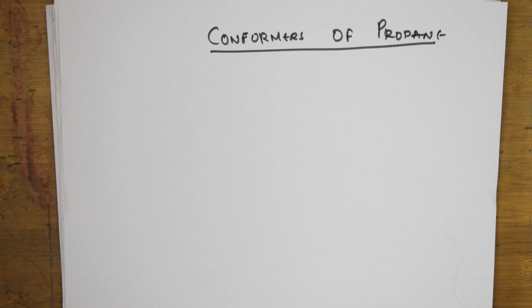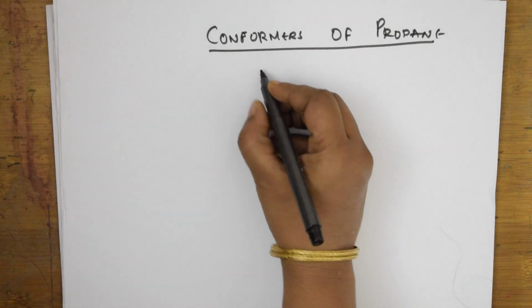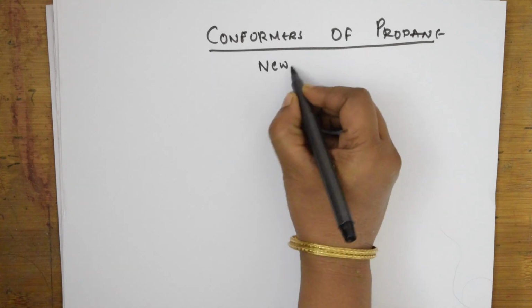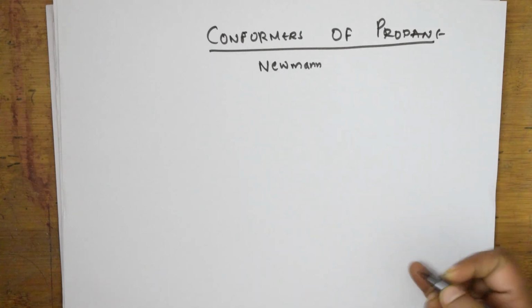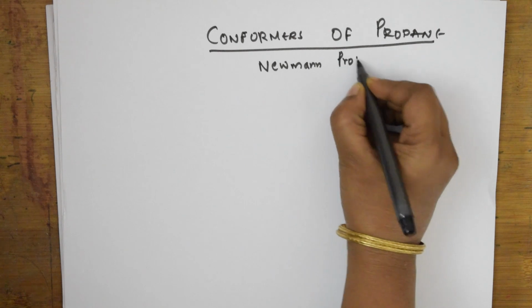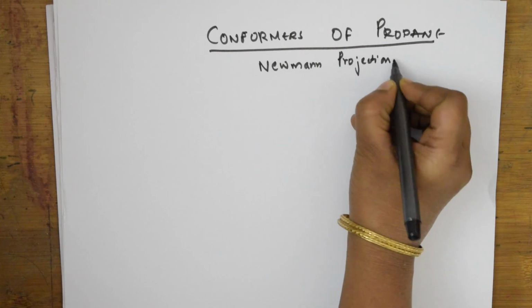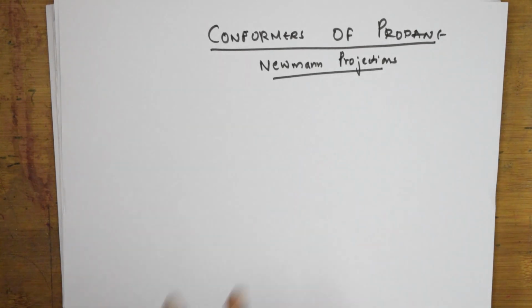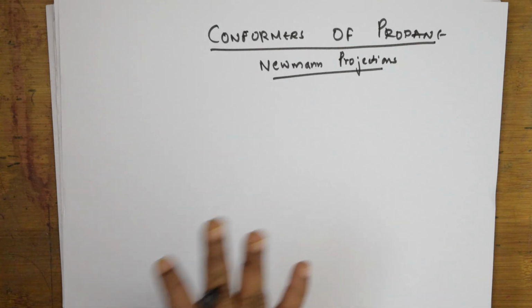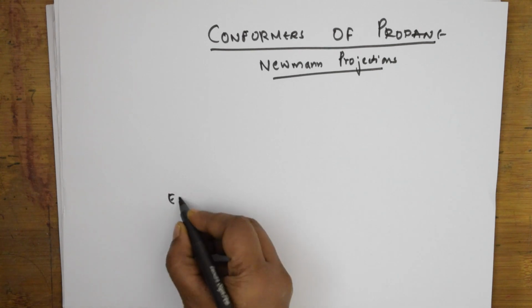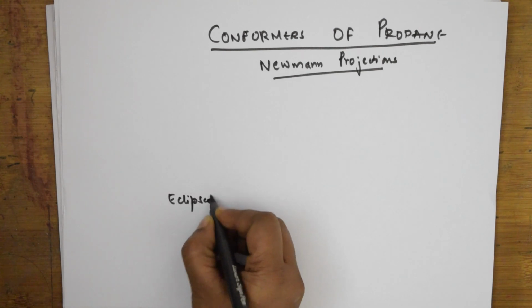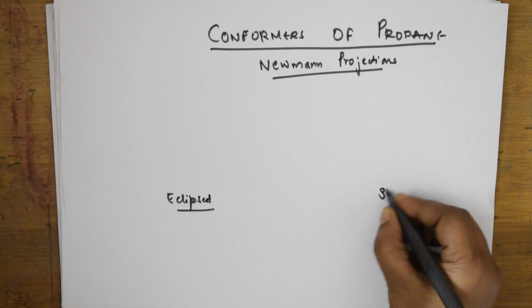So here I'll be drawing the Newman projection conformations for propane. When we see Newman projections, I think you would have clearly understood how we represent them. I'll be drawing the eclipsed form and also the staggered form.